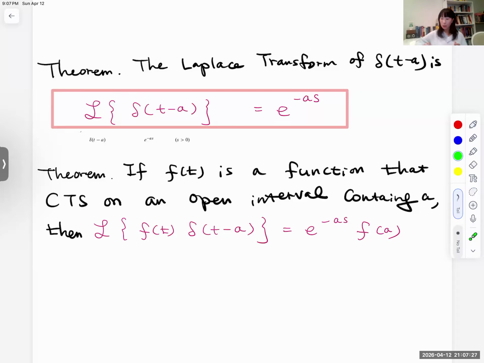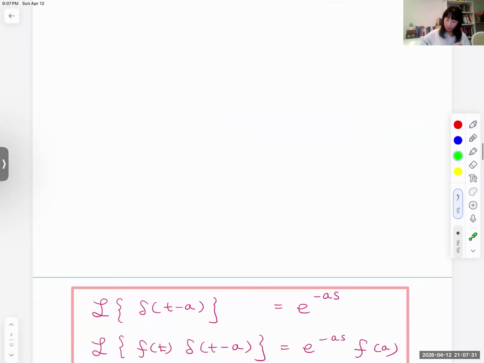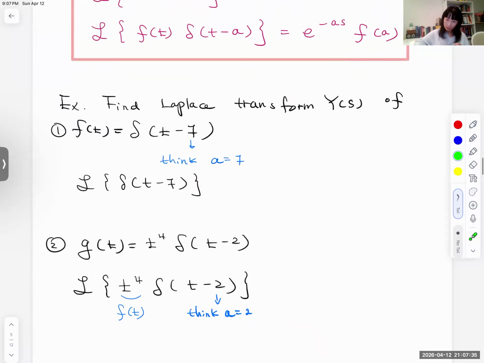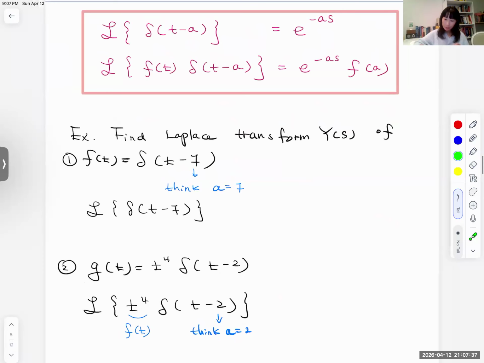Okay, let us do an example. Find the Laplace transform of delta of t minus 7.